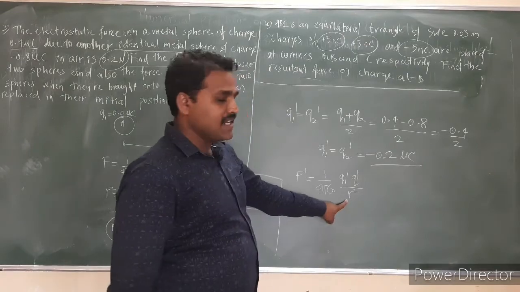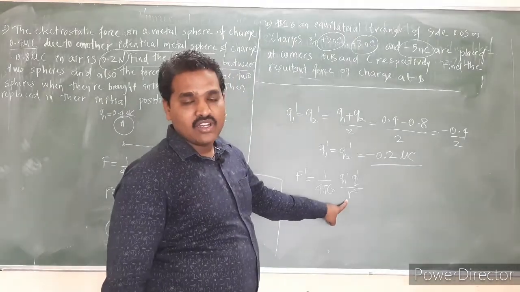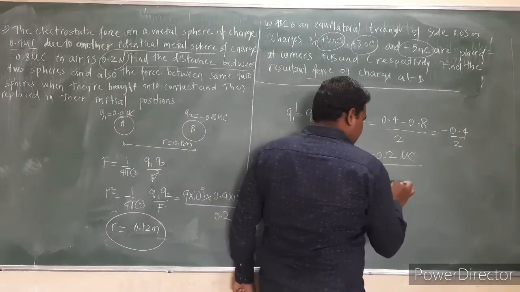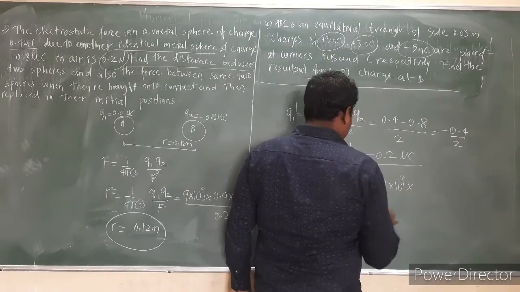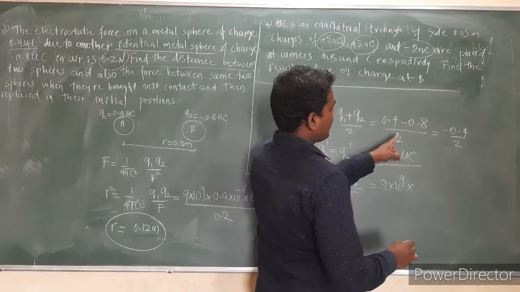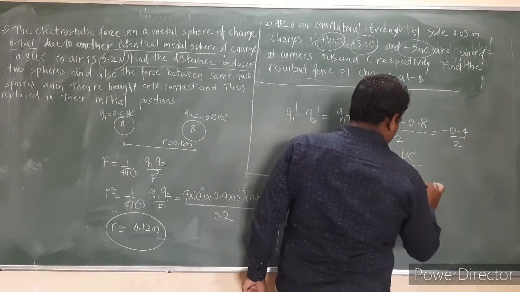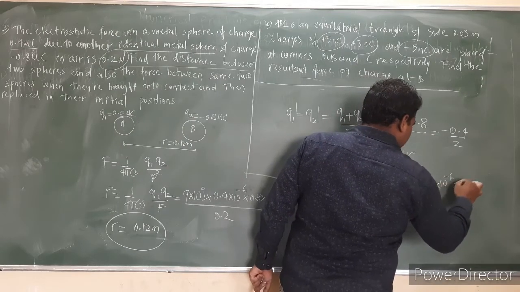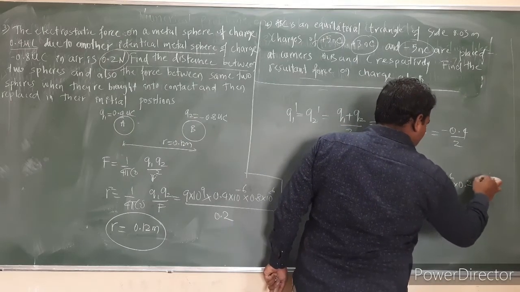You can observe here there is no change in the distance between both the spheres. Substitute these values so that I get 9 into 10 to the power 9 into Q1 dash, that is 0.2 into 10 to the power minus 6 into 0.2 into 10 to the power minus 6.